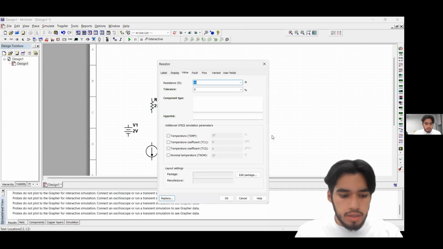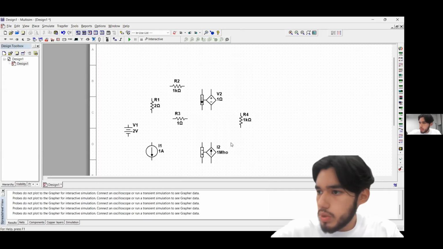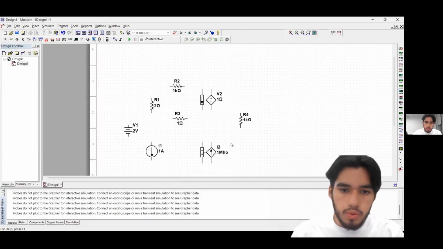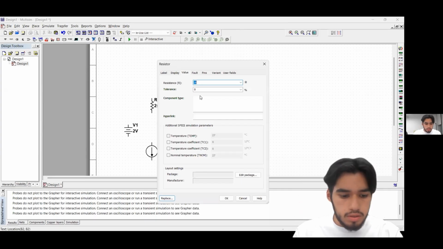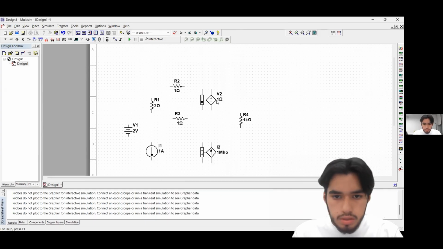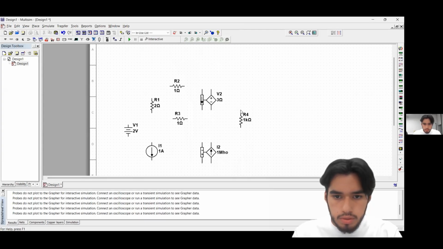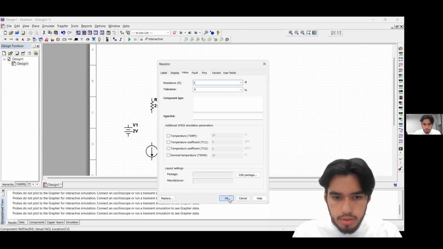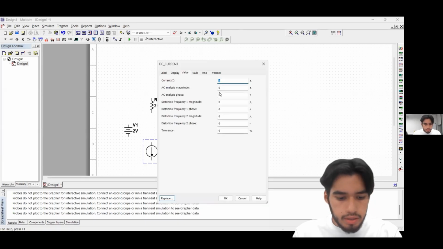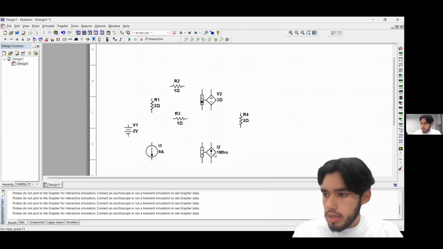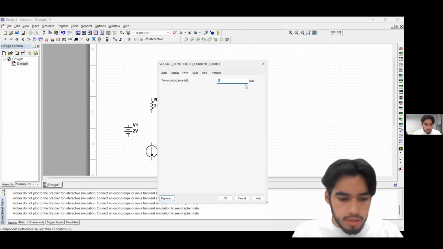This one is 1. This one is 1. This resistance is 3 ohms. And this resistance is 2. This current 9A. This one, its voltage is 2.